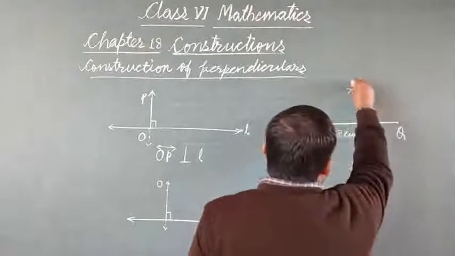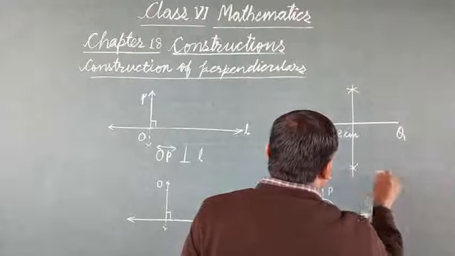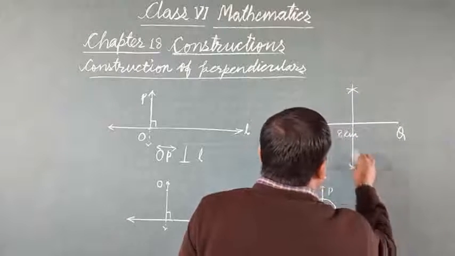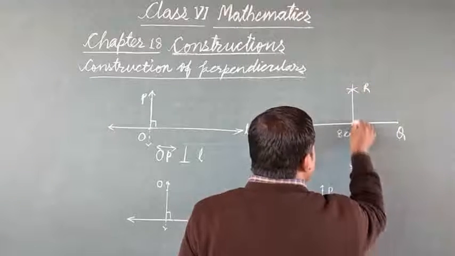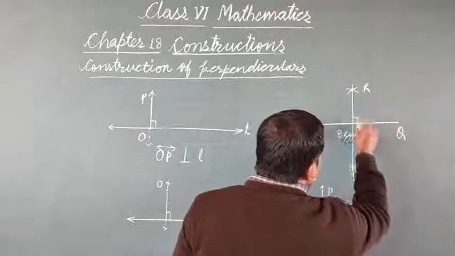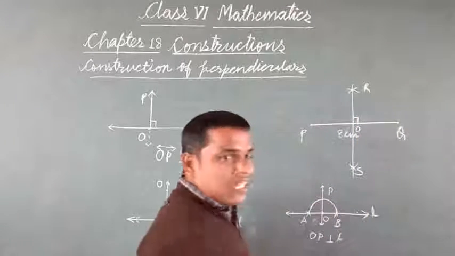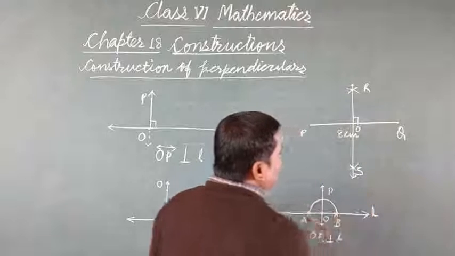Now we will join these two points with the help of a ruler. Say these 2 points are R and S, and here is point O. So at point O, line RS bisects PQ.